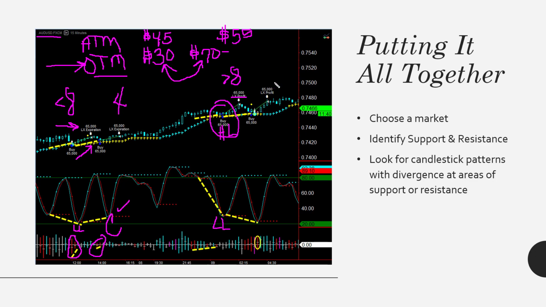And again, on the last one, I think this was early Monday morning. Again, you get a lower low in the stochastics, a higher low in price. That's your hidden divergence, and up it goes. Now, if you notice over here, you went back and you tested this high right here.